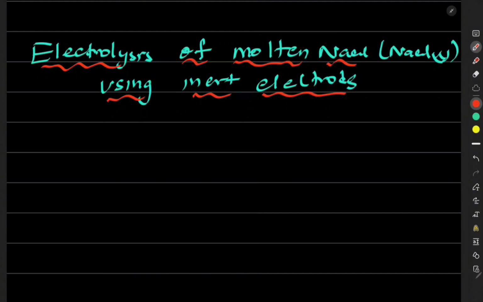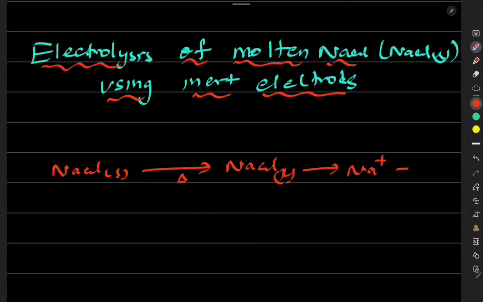Electrolysis of molten sodium chloride will result in reduction of Na⁺ ions to solid Na, and Cl₂ gas is also produced as the oxidation product. Let's write it down. Solid sodium chloride, when heated, forms liquid sodium chloride, which contains Na⁺ ions and Cl⁻ ions.